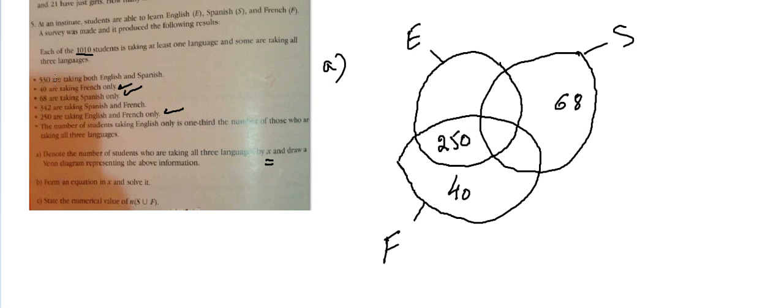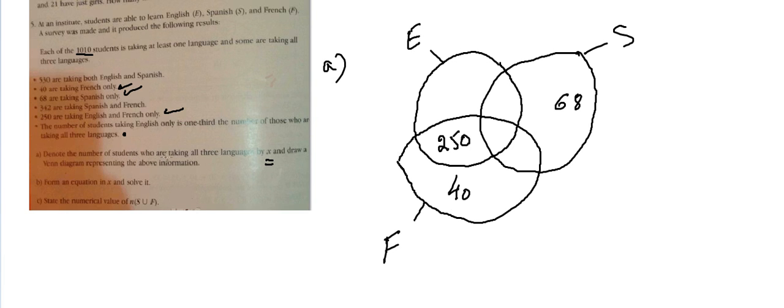English and French only means only this one. Let's go back. 530 are taking both English and Spanish. Before I do this, let me do the last one. The number of students taking English only is 1/3 of the number of students who are taking all three languages. Also, we have an important point to deal with first.